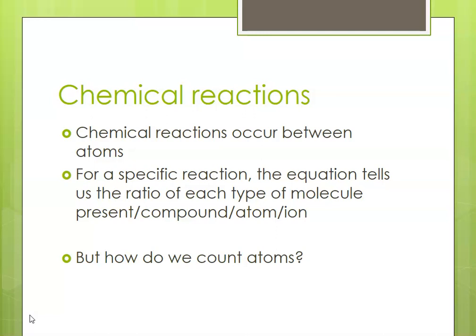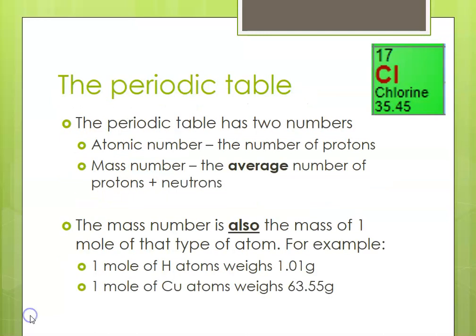We need to be able to count atoms. To do that, we need another good friend, and that is the periodic table. When you look at the periodic table, for any element, there are usually two numbers. Some periodic tables provide more data as well, but pretty much all of them will provide these things.